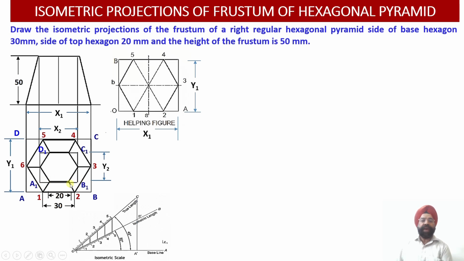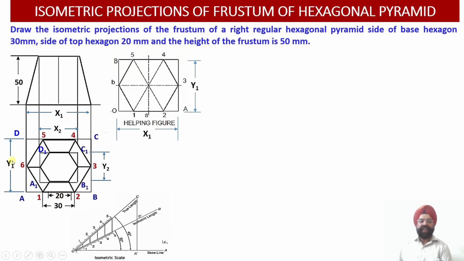Now A1B1 is the longer edge corresponding to the smaller hexagon, so this we have marked as x2. Similarly, the width corresponding to the smaller hexagon we have marked as y2. So x1 and x2 are the longer edges of the two rectangles. x1 is the rectangle of the base, x2 corresponds to the longer edge of the rectangle at the top.